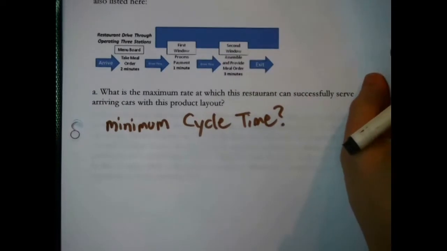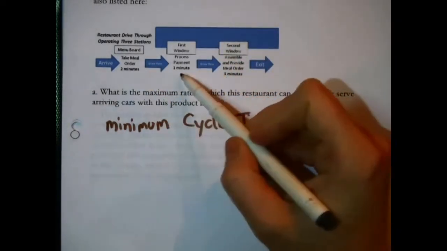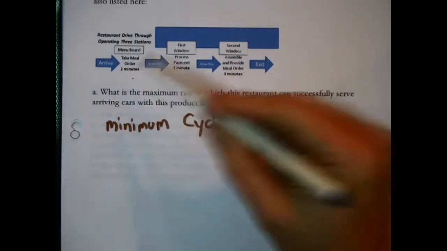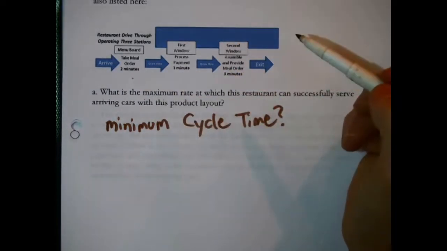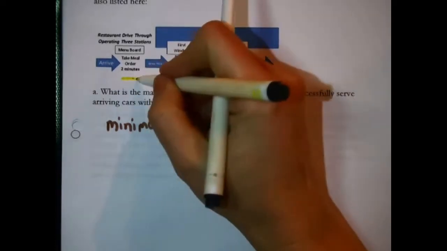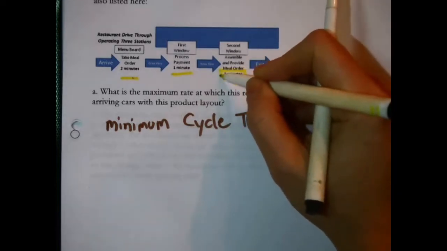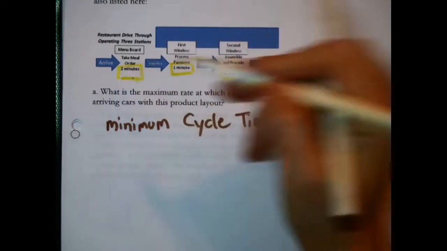Well, the minimum cycle time will be the largest of the tasks along the product layout. Which means, okay, takes 2 minutes here, takes 1 minute here, takes 3 minutes here. I know that some of them are more than one task, but they've been bundled together.